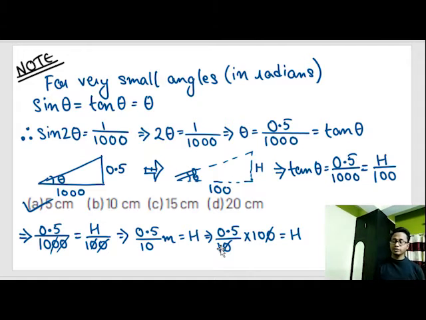Now some of you might be confused: sir, how did you know that sine 2 theta had to be converted into 2 theta, then tan theta, like this? That comes with practice and observation. I am repeatedly telling you, your approach for class 11 and for competitive exams should be based on observation and practice, not on memorization and protocols.